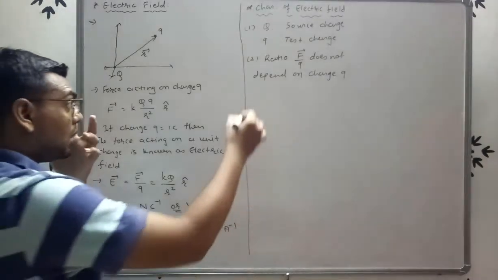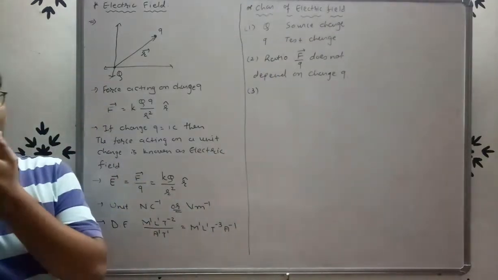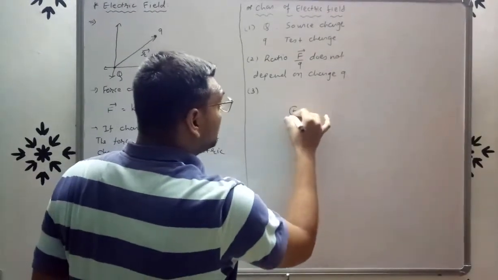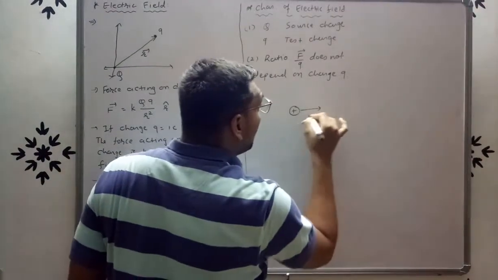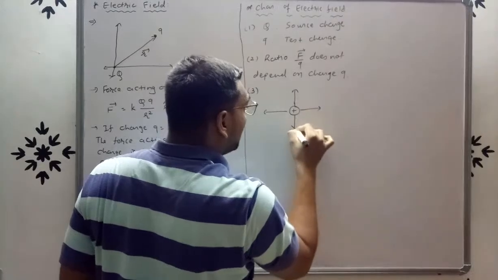Now third, if there is positive charge, then the electric fields are outward like this. Right?